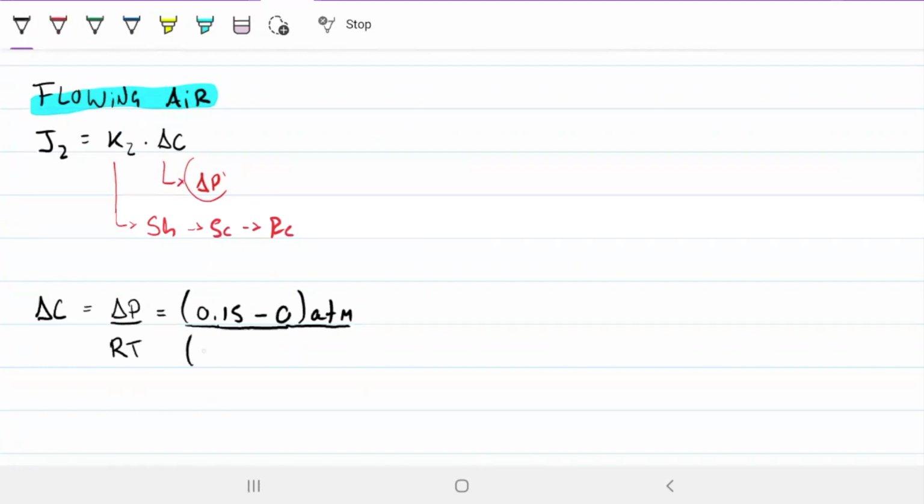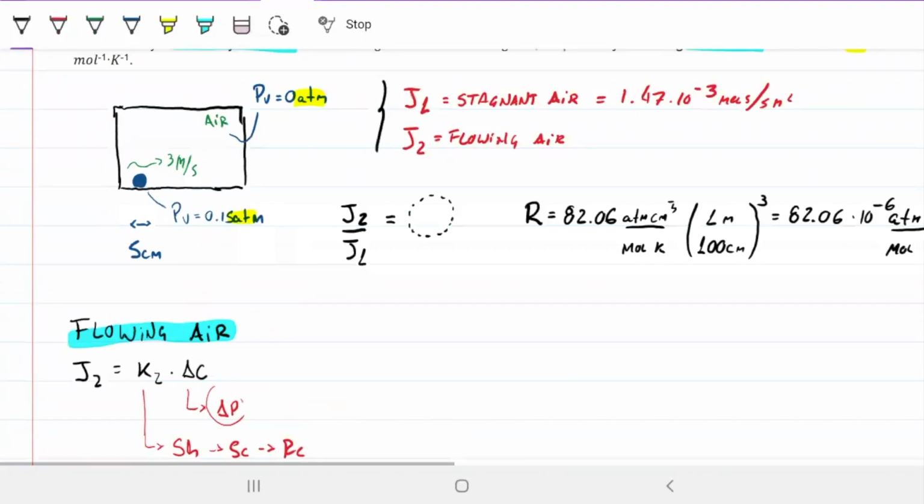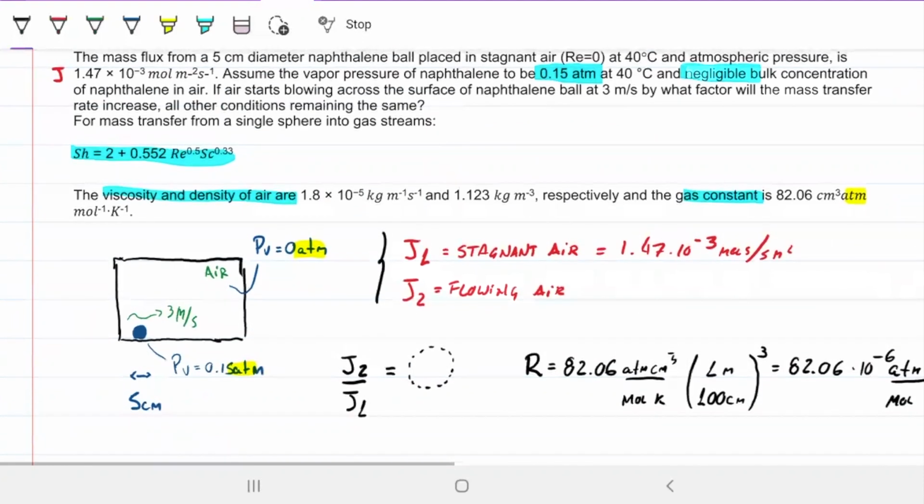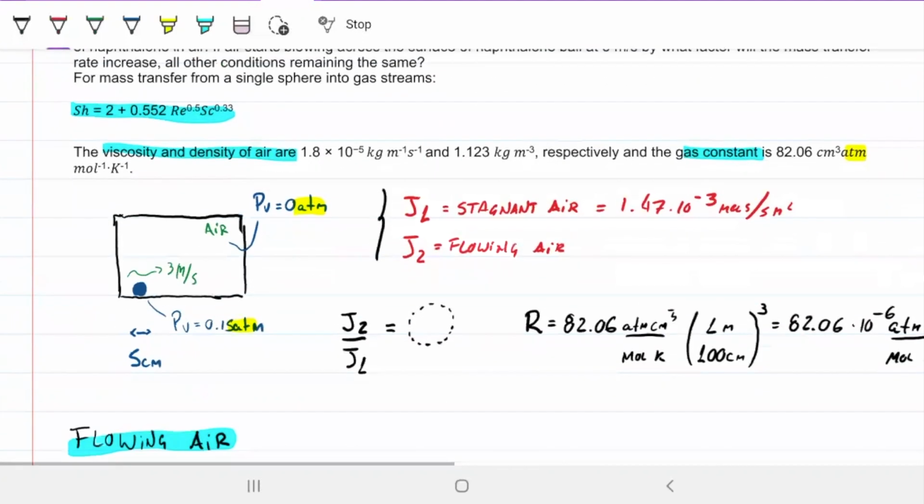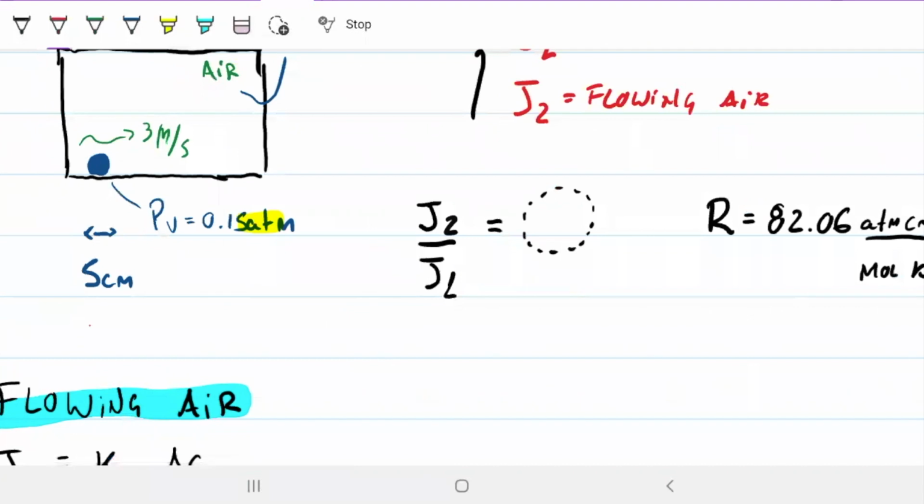And for the R, we have 82.06 times 10 to the minus 6 meters cubed atmospheres divided by moles Kelvin. And my temperature, I don't think I wrote down the temperature. 40 Celsius. So my temperature, let's put it down here. Remember how temperature was always the main thing we needed first to be able to start.